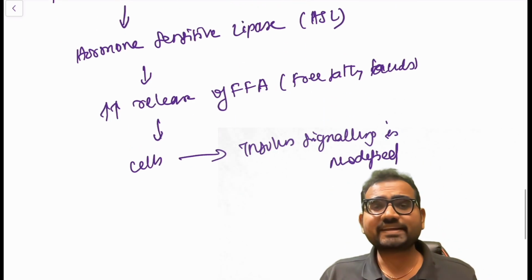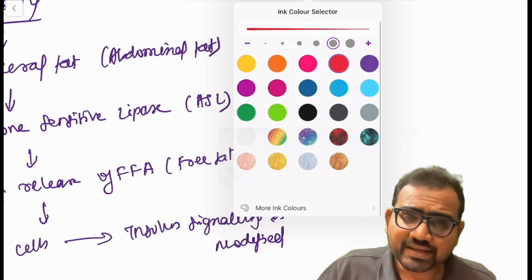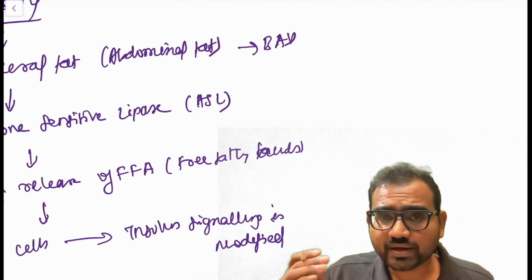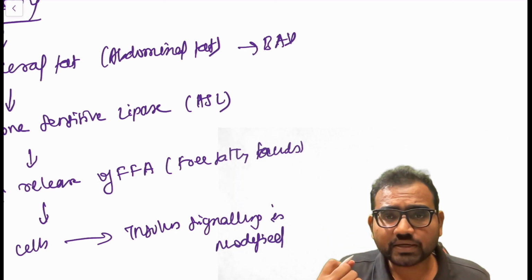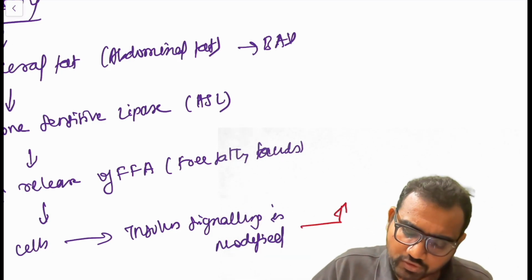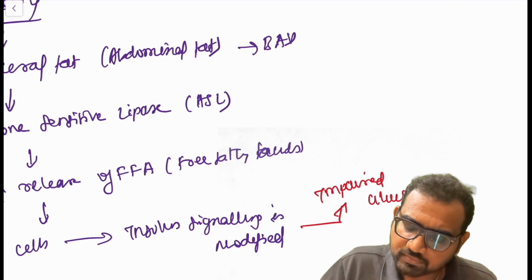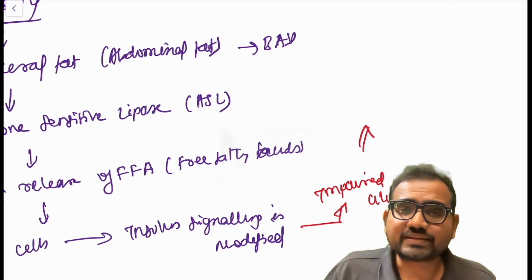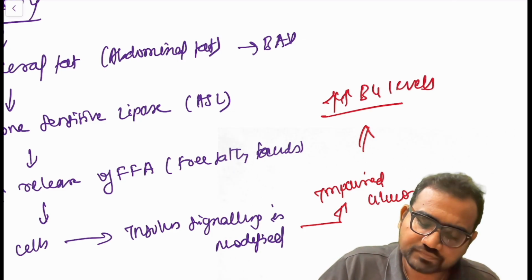So once the insulin signaling is modified, will the insulin be ready to take up the glucose from the blood to the cells? No. So impaired glucose uptake, and that is going to result in increased blood glucose levels.